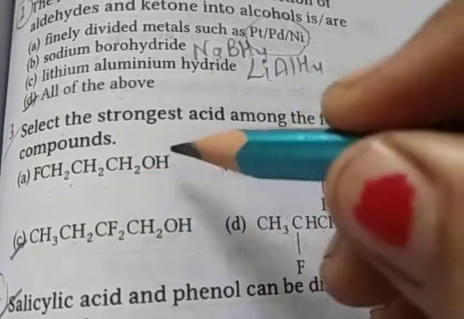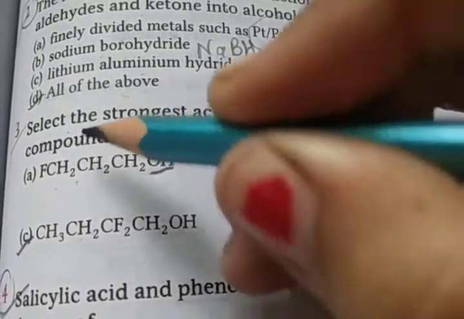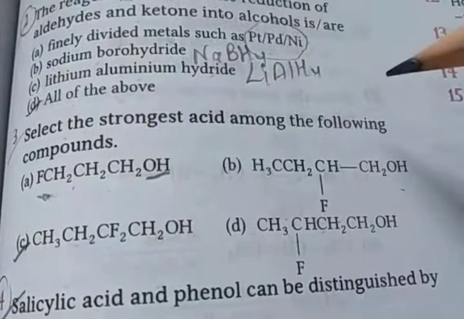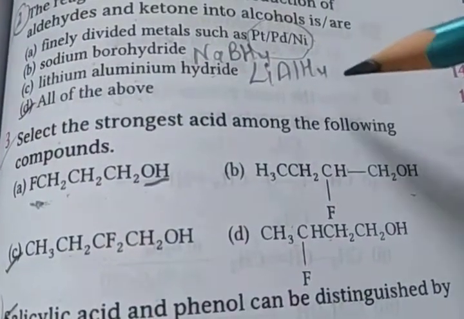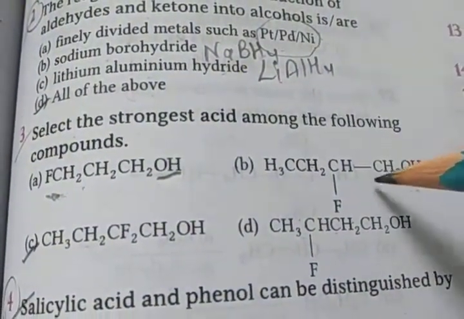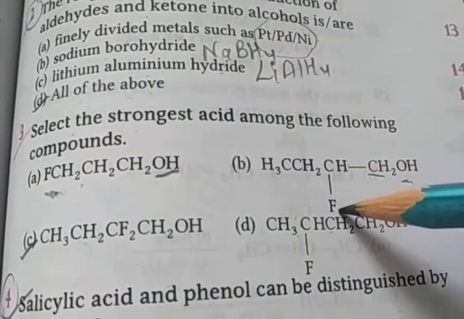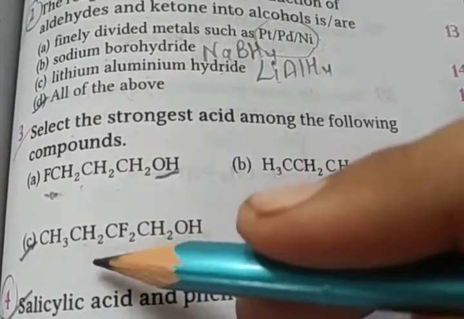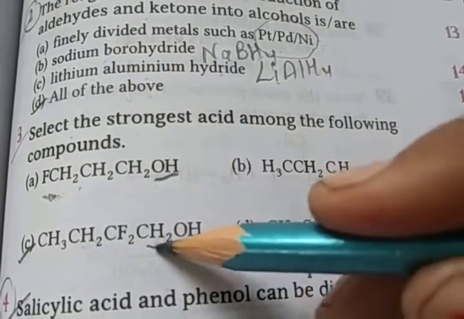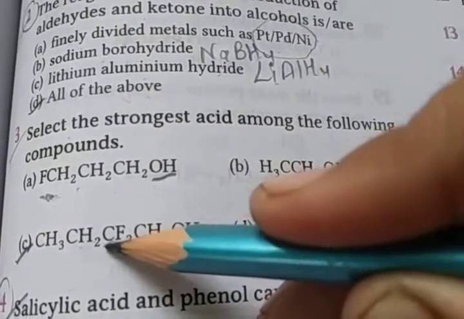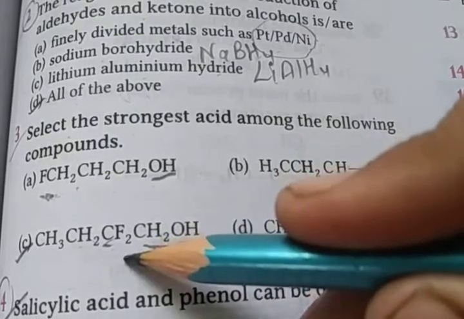Here you see this carbon has OH and this carbon has fluorine, so it is not the strongest. In the second, option B, the first carbon has OH and the second carbon has fluorine. In the third, C, the first carbon has OH, but on the second carbon the hydrogens are completely replaced by fluorine.